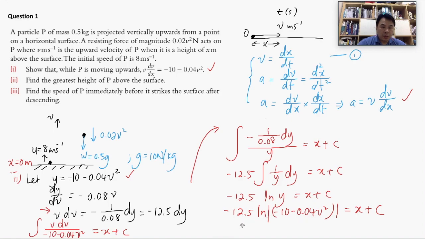We found that c will be equal to negative 12.5 ln. Now v is 8 here, 64, that will be like, let me see, 2.56, so 12.56 modulus. Okay, so after modulus it is 12.56. Now that is my c.